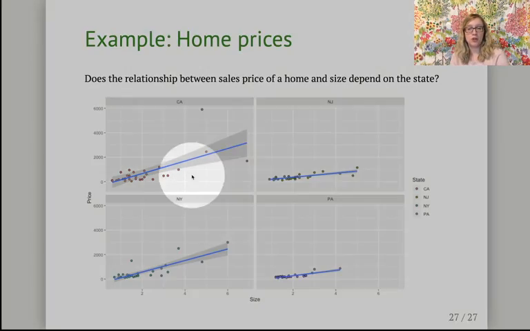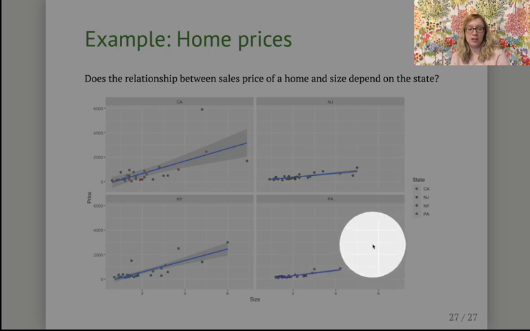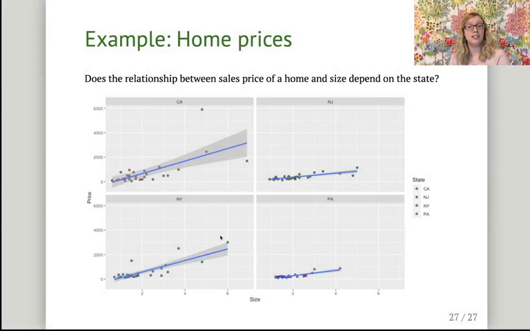The same is true with Pennsylvania having a very small variation and New York having kind of a medium variation. So there's some differences in the variability. There are also some clear differences in the slopes of these linear models. The slope for New Jersey is not as strong as the slope for California or New York.